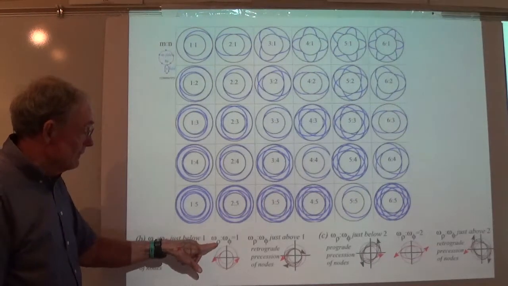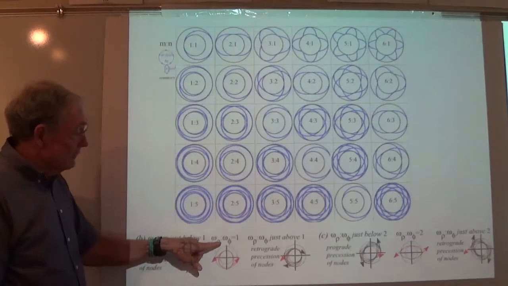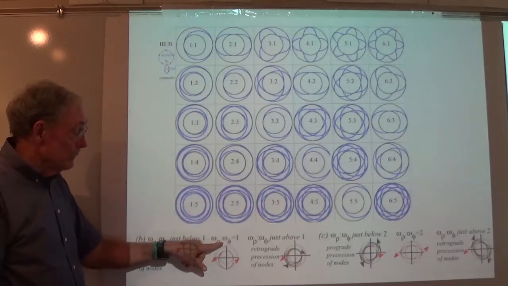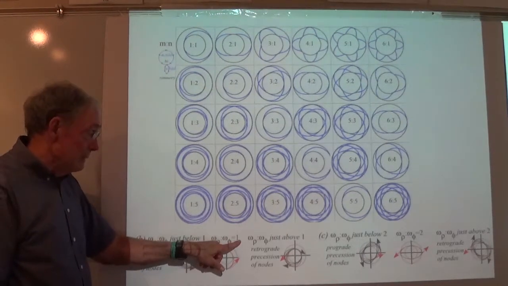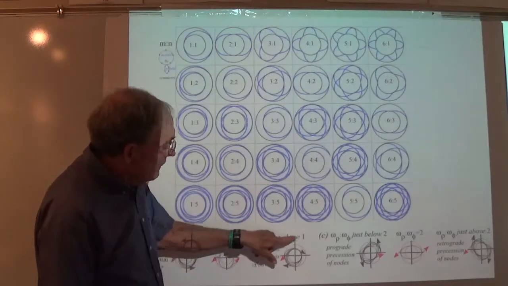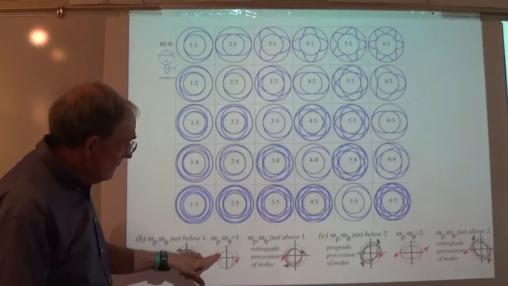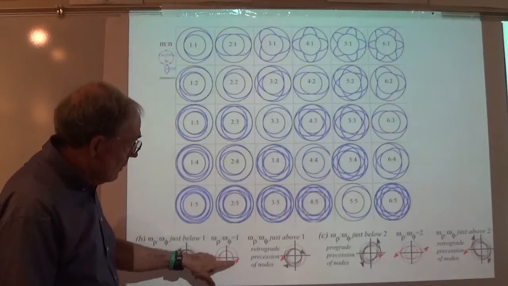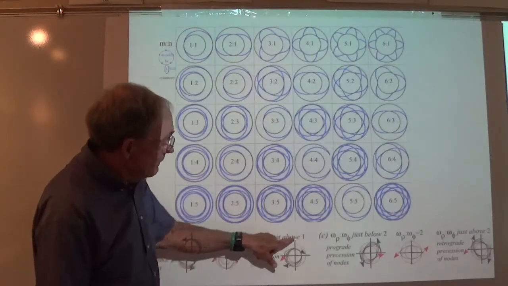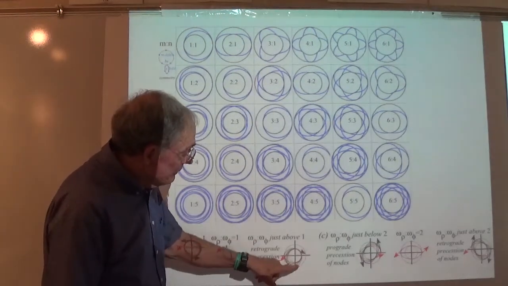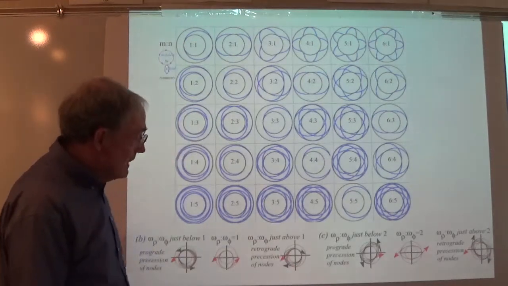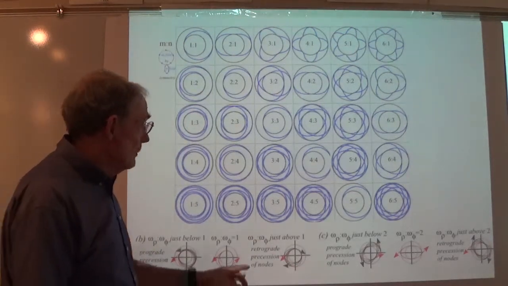If you have, for example, the radius and the angular frequencies exactly the same, or just a little bit above, if they're exactly the same, then it's like the Coulomb orbit. But if they're just a little bit above that, then it precesses. Okay? And it retrograde precesses.